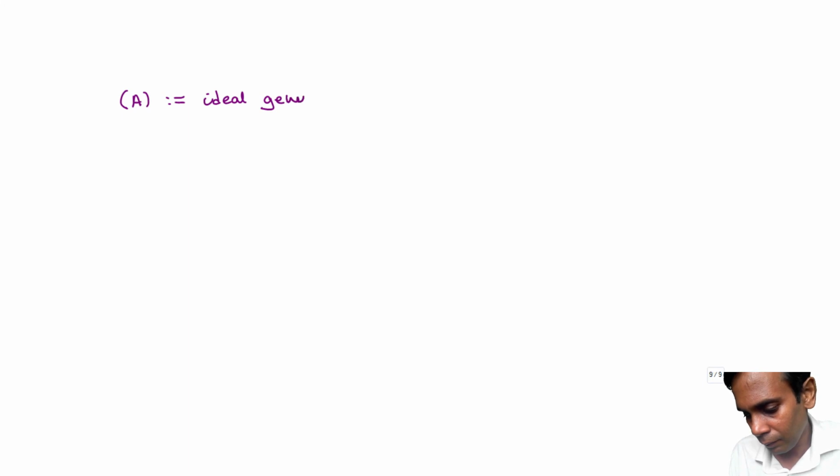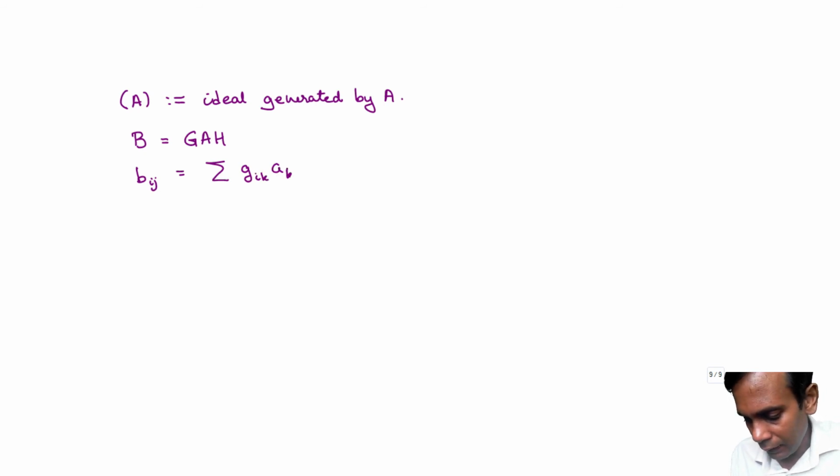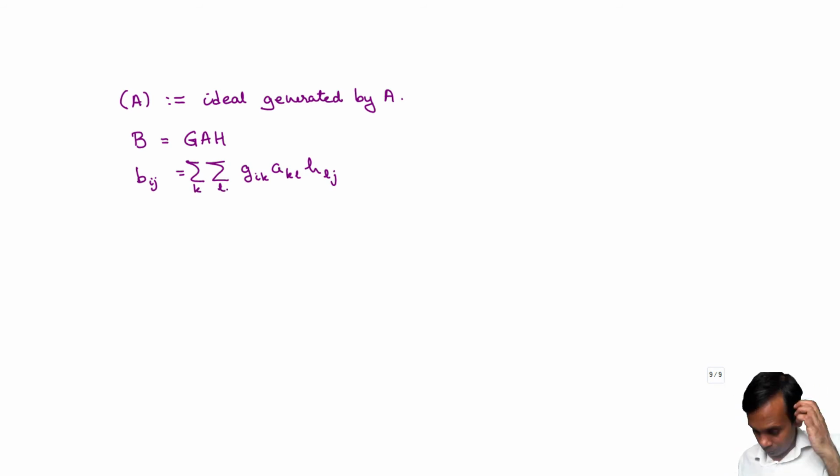Why is that? So let's denote by parentheses A the ideal generated by all the entries of the matrix A. Now suppose we have that B is equal to GAH. Then what does that mean? That means that each entry of B is given by a sum of entries G I K, A K L, H L J, where we will be summing over K and L over appropriate indices.